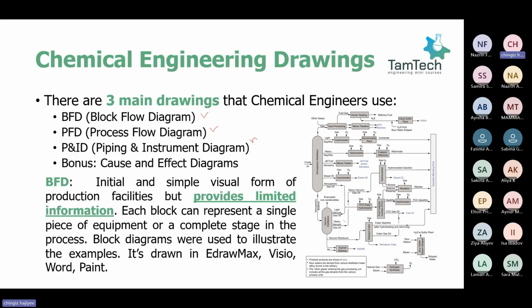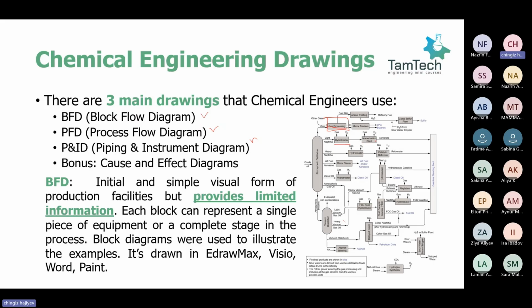Let's see, this is the simplest, I would say, very typical BFD of a refinery. As you can see, all the units are just described with one rectangle and a text written on it. For example, hydrotreater. You don't know what is in hydrotreater. You only know, super generically, what comes in and what leaves.